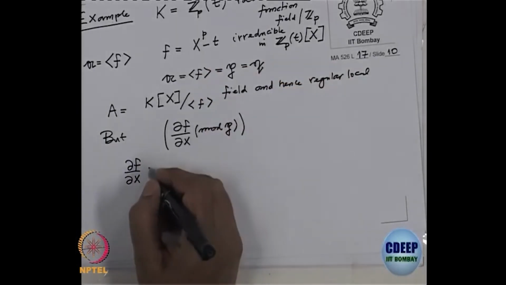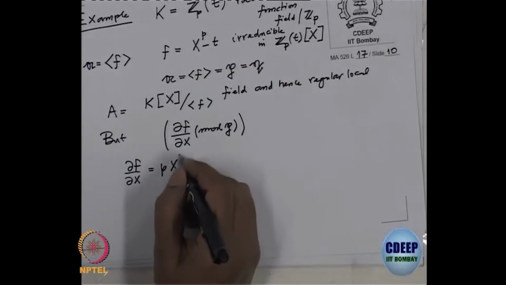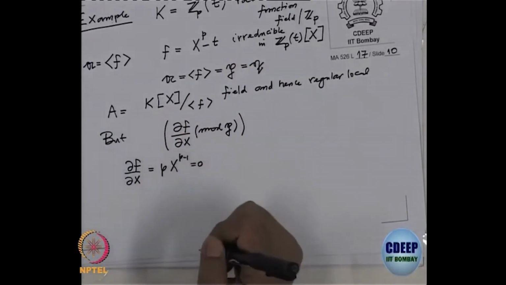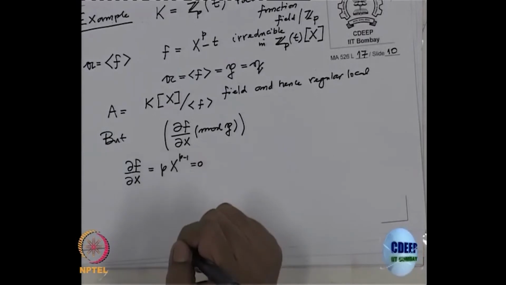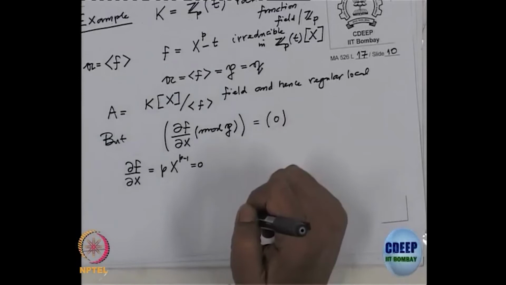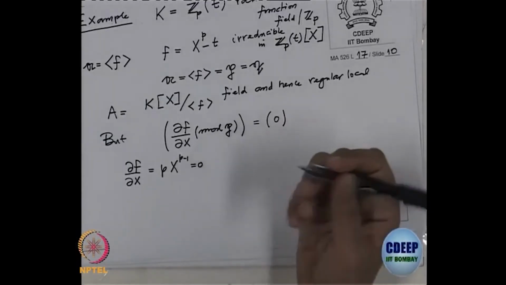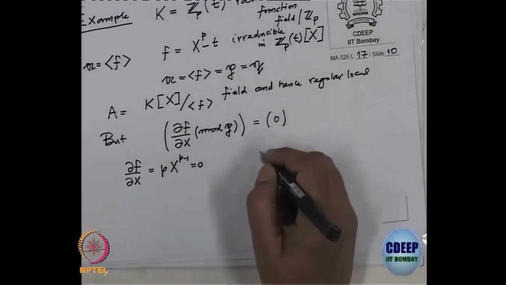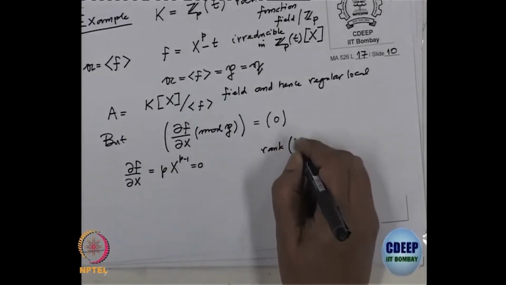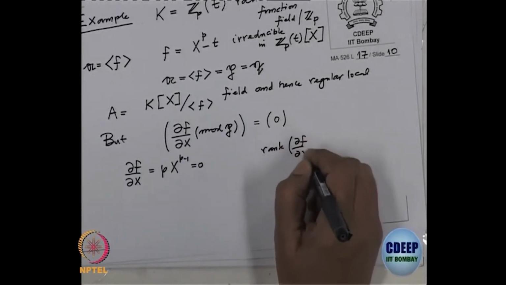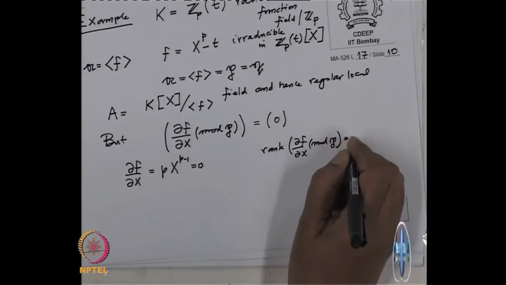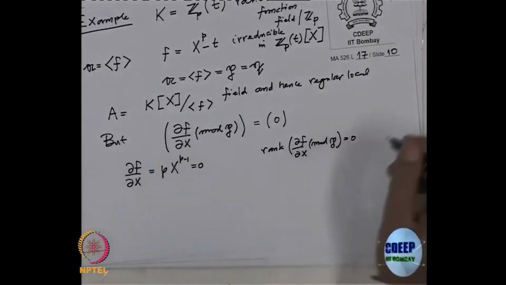That means this is p times x power p minus 1, and t is treated as constant, but this is 0 because p is the characteristic. So, actually this is a 0 matrix. The 0 matrix has rank 0.